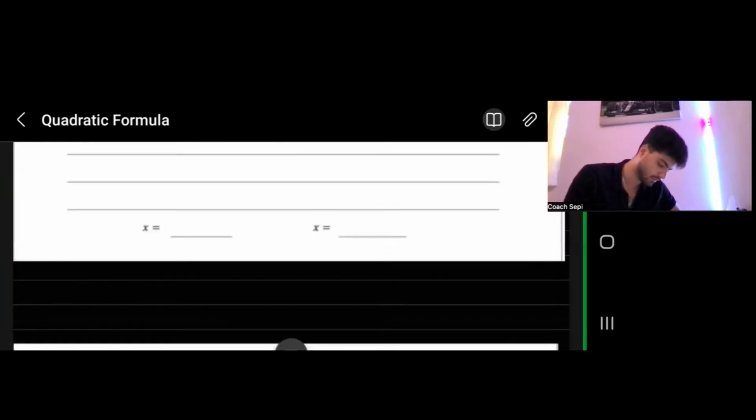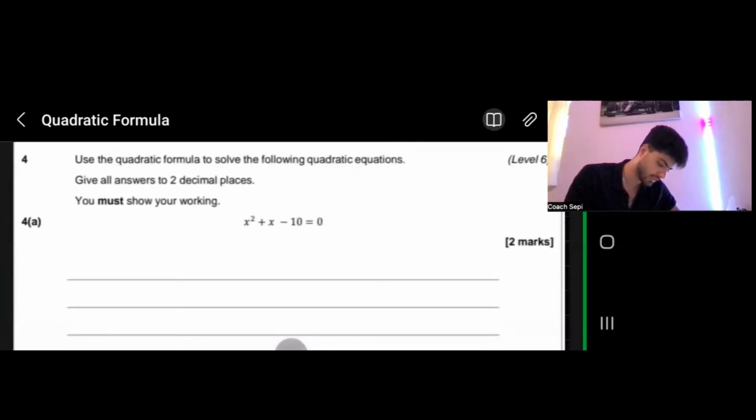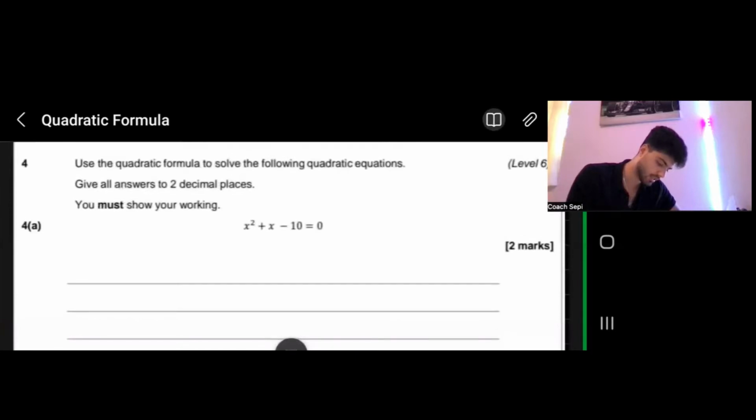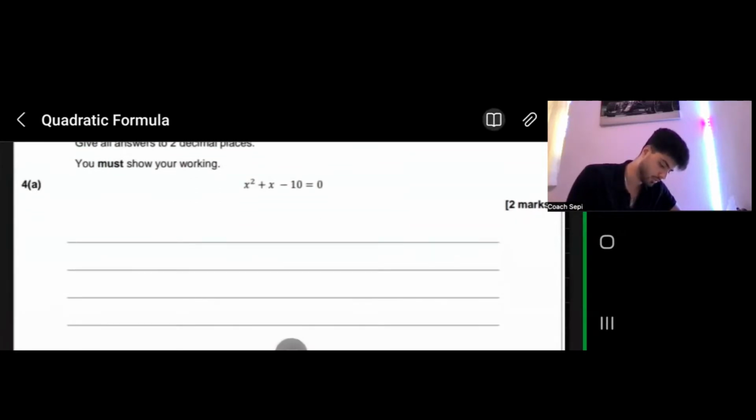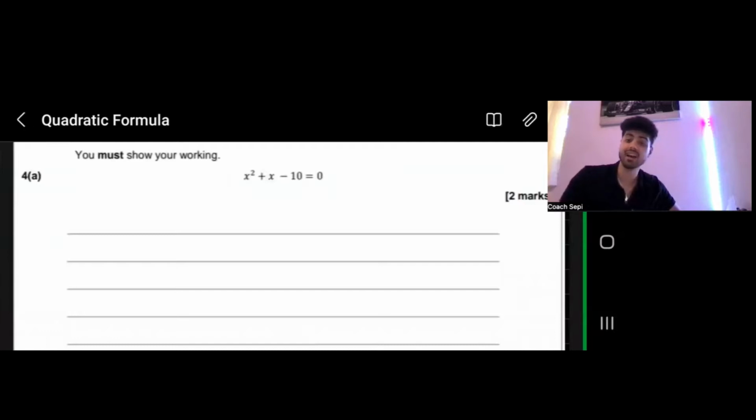First question we have is a simpler case. We have x squared plus x minus 10, and they're asking us to use the quadratic formula to solve the equation. What do we do? We first write down our a, b, and c values.